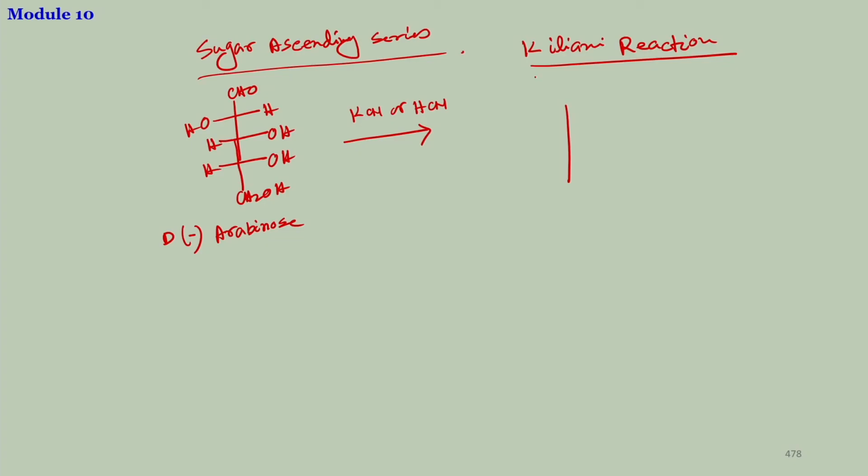So, if you use cyanide, what will it do? Cyanide is basically CN minus, a nucleophilic addition on the aldehyde. So, you will have CN here, and this becomes O minus, CHOH.